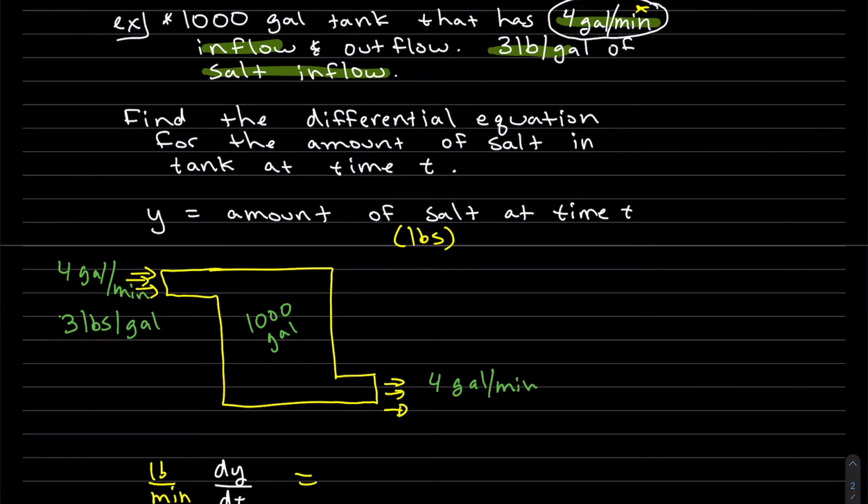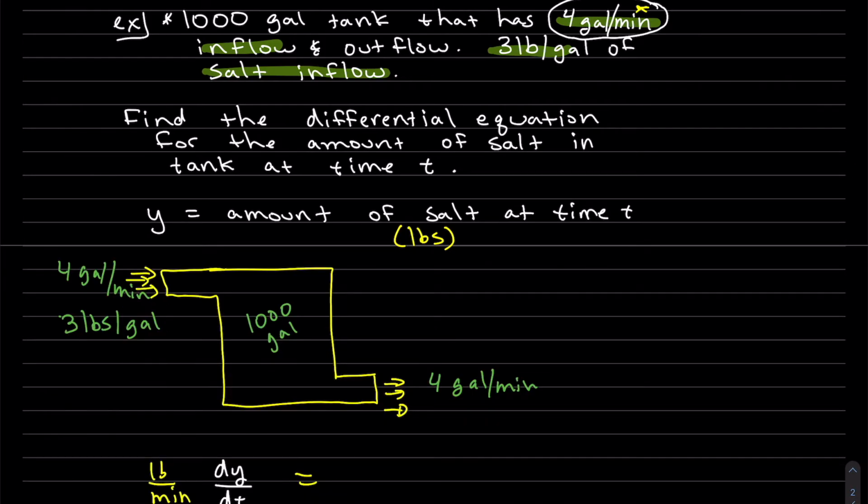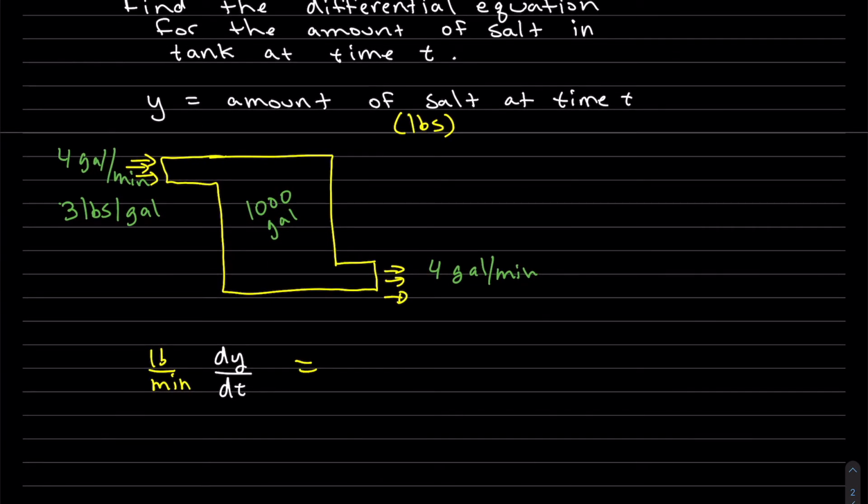Since we have in and out, the rate of y in terms of t is equal to the rate in minus the rate out. So we need to figure out those rates.